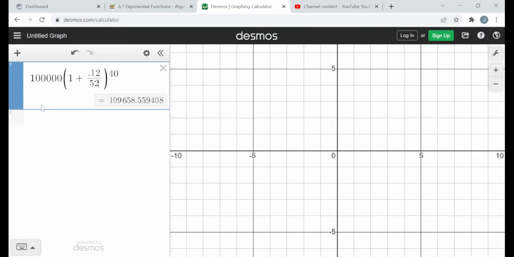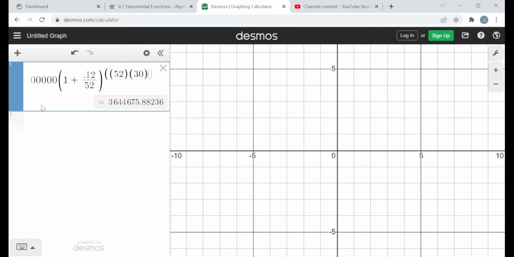We're doing it 52 times a year. And it's 52 times a year for 30 years, right? Now I could just put up here 52 times 30. Maybe double parentheses, 52 times 30. And just make sure that's all in the exponent, right? Or you just put the 1,600 power if you multiply them out.